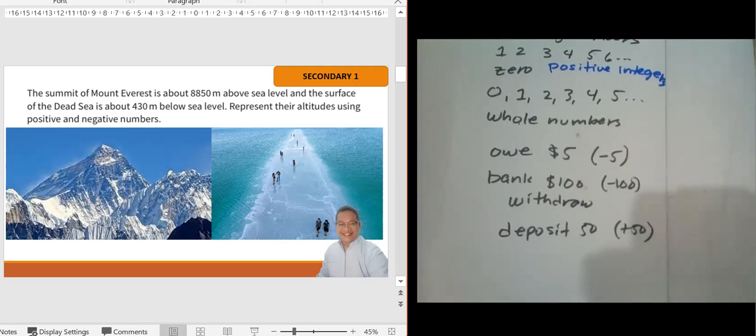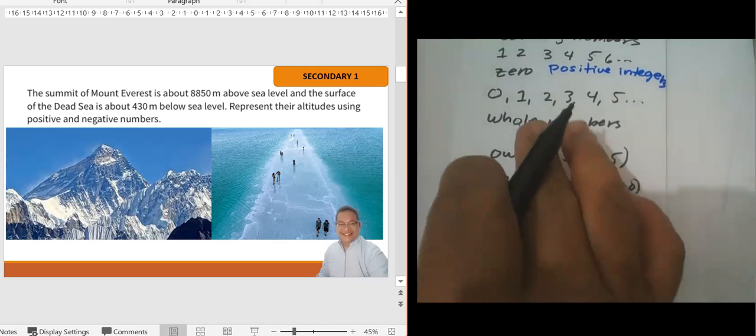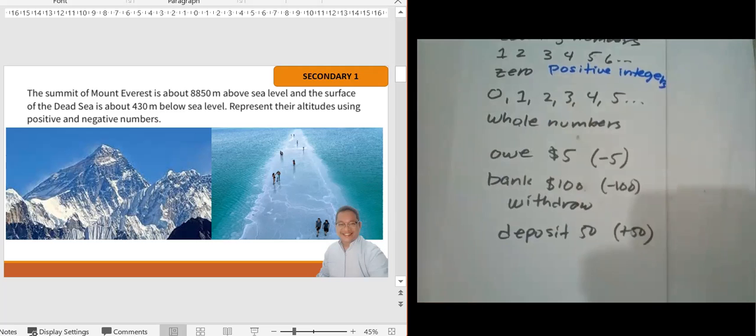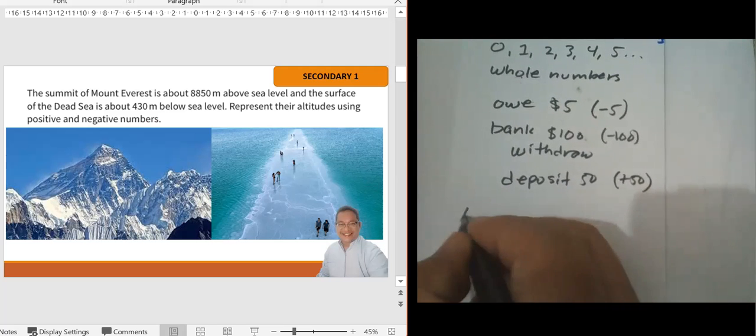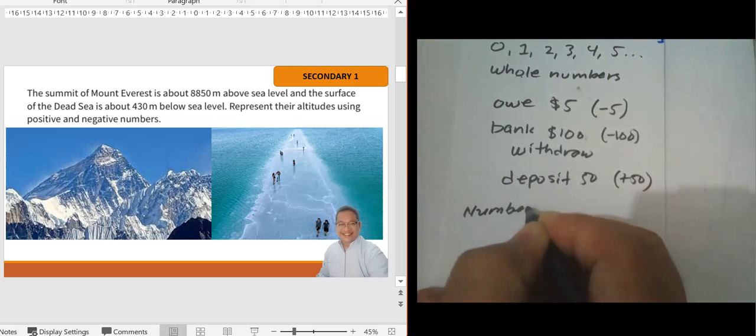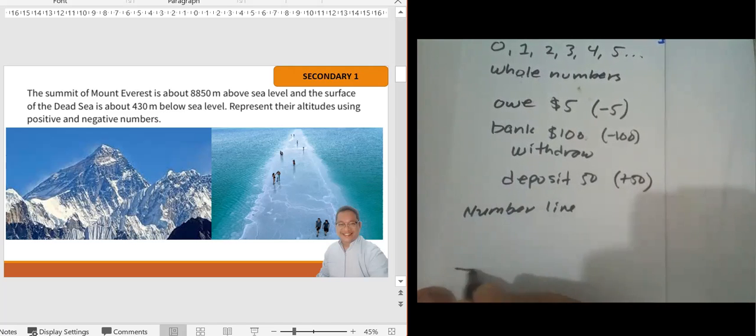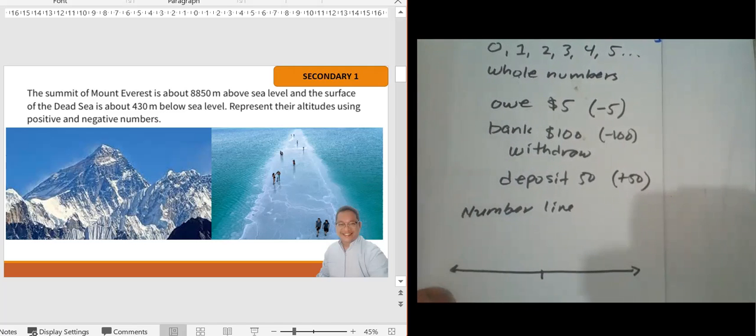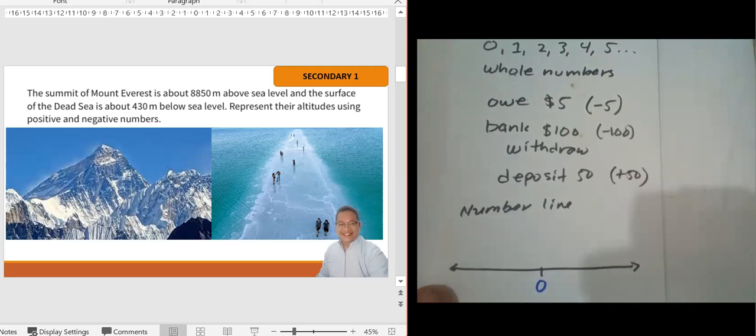Now, zero, positive numbers, and negative numbers can be represented on the number line. What is this number line? If you draw a horizontal line, in the middle of that you can find zero. Zero is the origin of the number line. As you go to the right, they must be equal distances from each other. As you go to the right, you have positive 1, positive 2, positive 3, positive 4, positive 5.